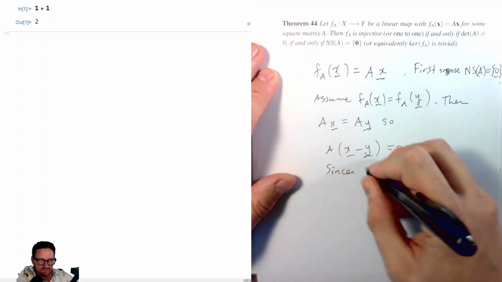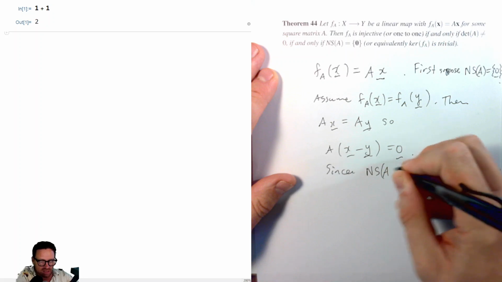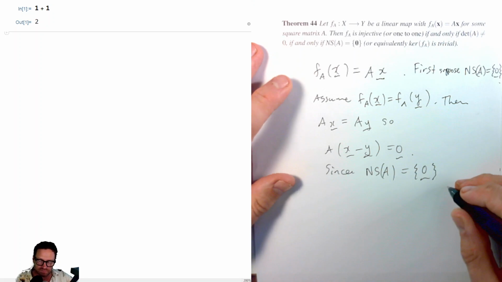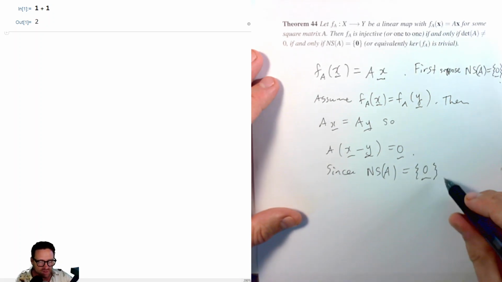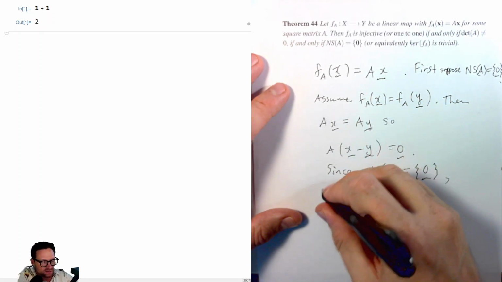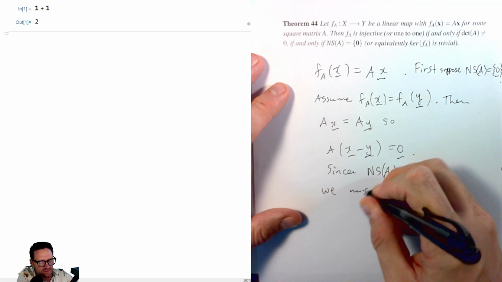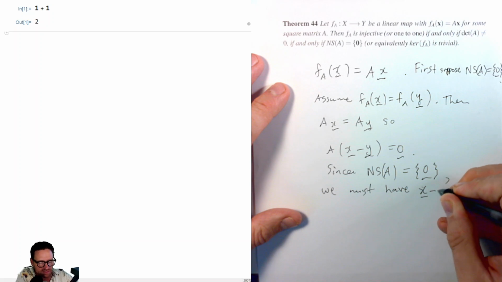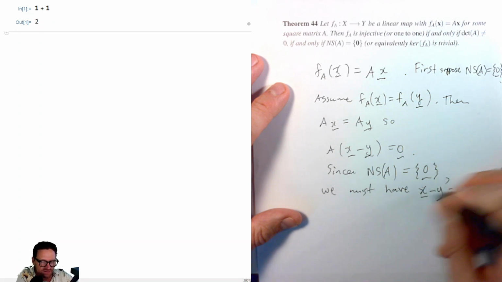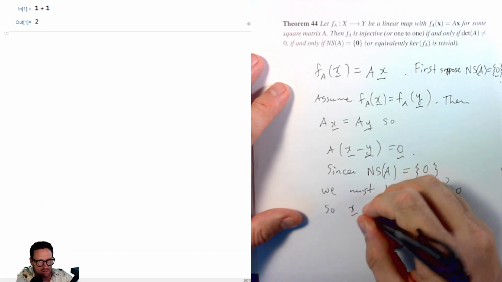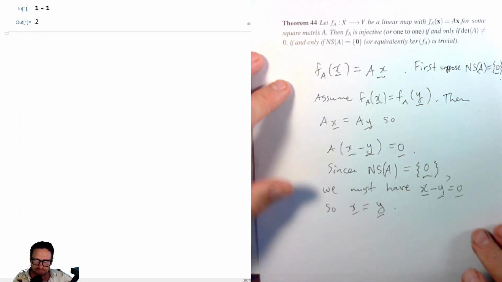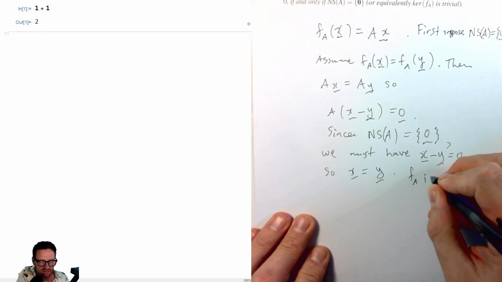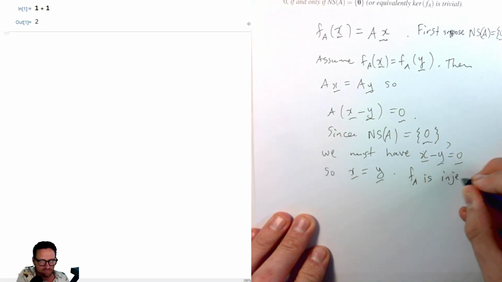Since null space of A is trivial, we must have x minus y is the 0 vector, so x is equal to y, which shows you that F subscript A is injective or one-to-one.